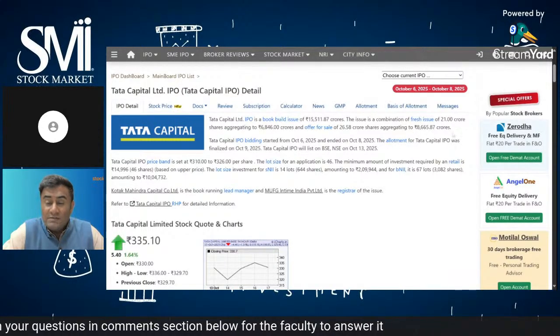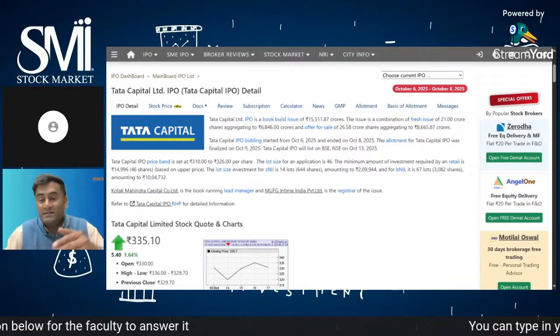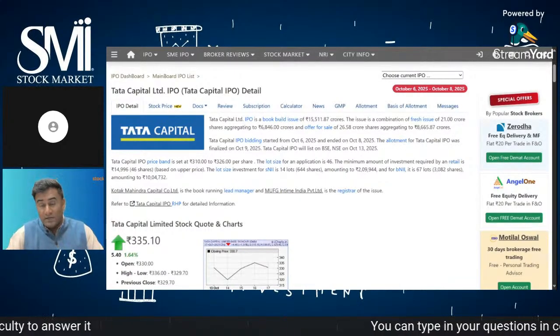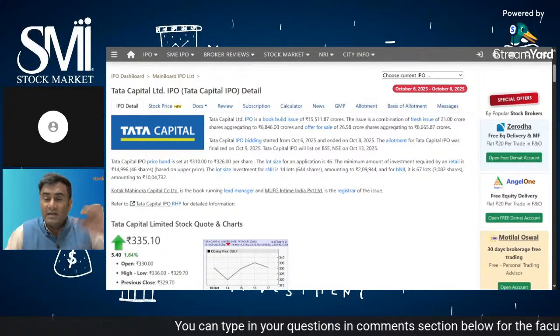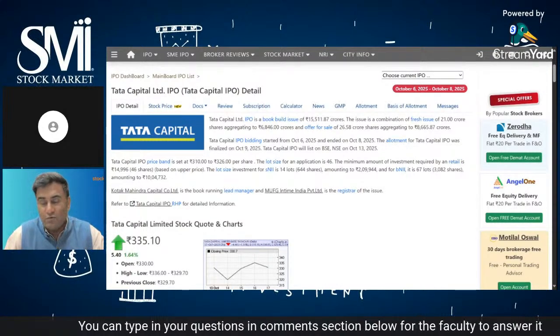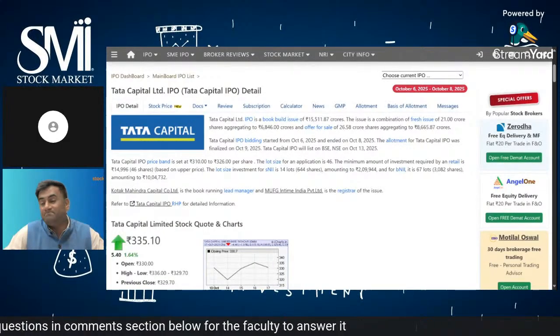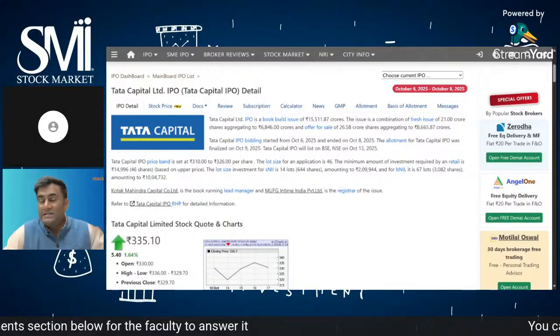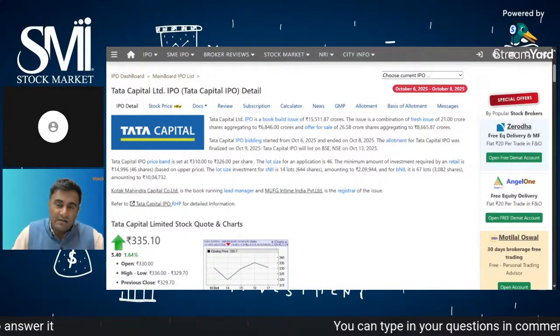8,666 crores is offer for sale, which means that these are shares that are going to be sold by people who had these shares before the IPO came out. They could be the promoter family, promoter group, they could be angel investors who invested in this company when it was a startup.